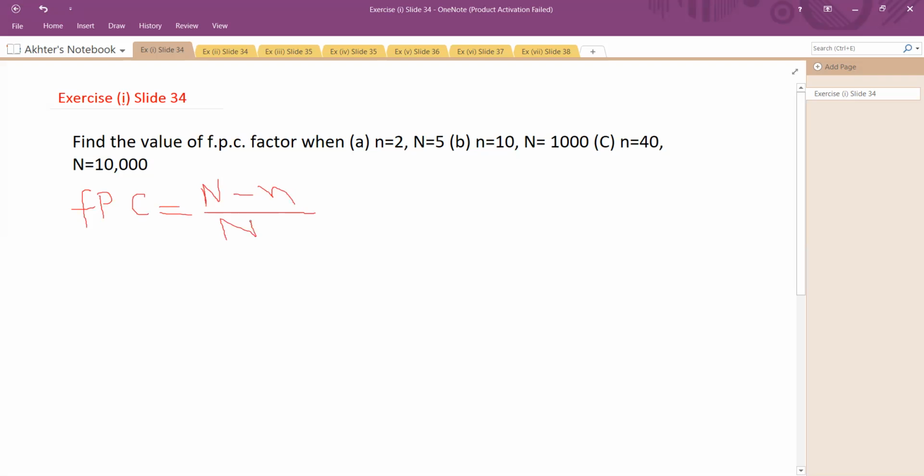And where this FPC is used, all of you are already familiar that FPC is a part of the variance of the sampling distribution of mean whenever the sampling was done without replacement. So it was sigma square upon n and (N minus n) upon (N minus 1).